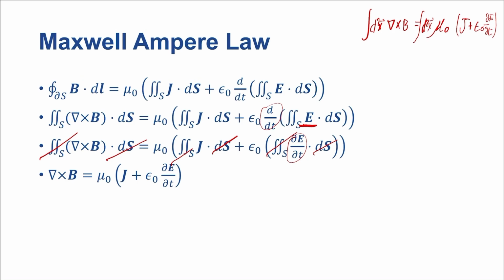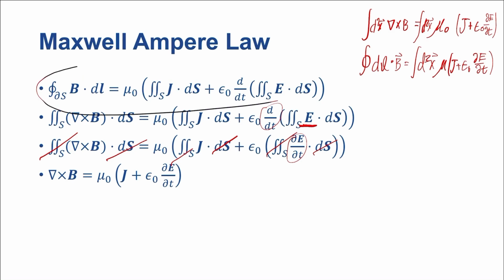You can use Stokes' theorem again, pull out the time derivative, then you get the integral of dl dot B is equal to the integral over your surface of mu naught times this whole business, J plus epsilon naught dE/dt. And then you distribute the integral out, and then you get the same thing as we have here, but in a more compact form.